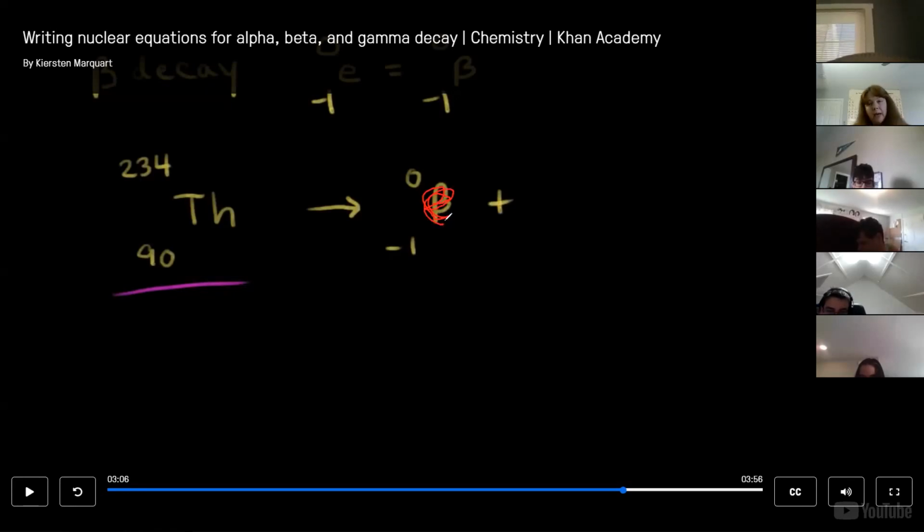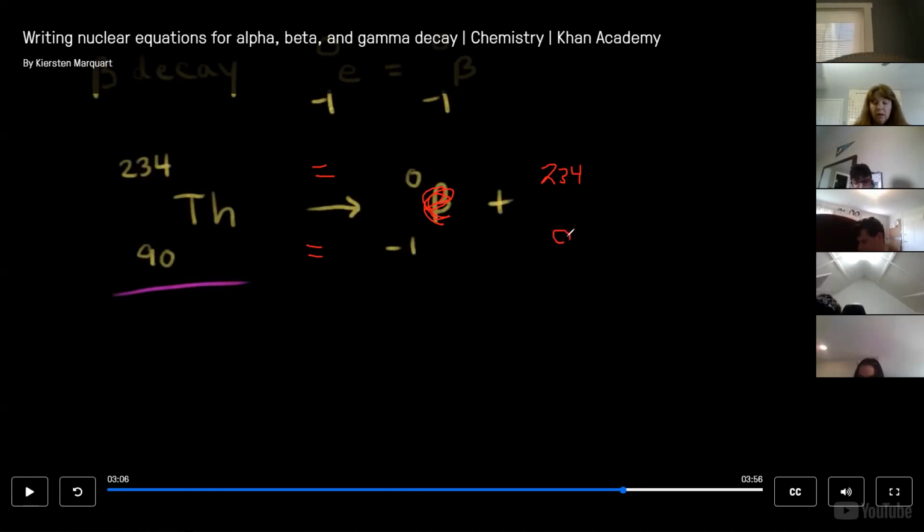And then we do the math again to figure out the missing piece. So 234 equals 0 plus 234. 90 equals -1 plus what? Okay, so this is negative. That means that we take 90 minus -1.